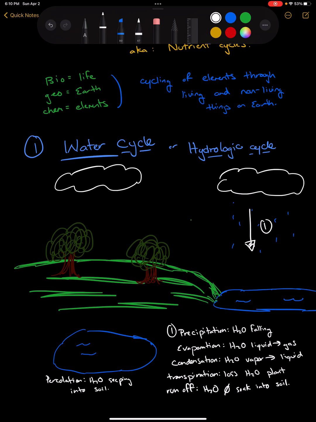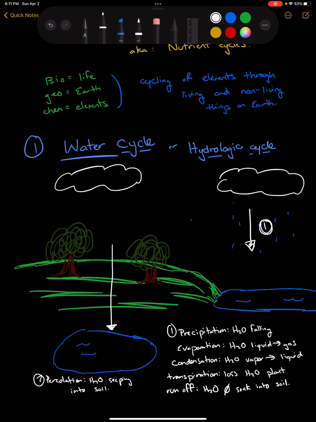Precipitation is when water falls from the sky in some capacity, okay? Now, when it falls from the sky, you have two options. You can either have percolation, and percolation is when that water seeps into the soil and goes into those underground aquifers, like where we store fresh water within our earth, okay?